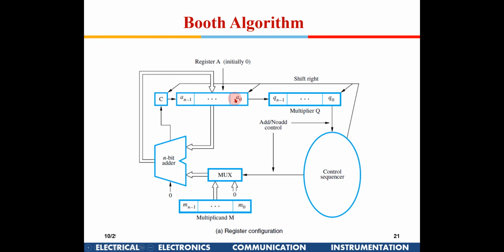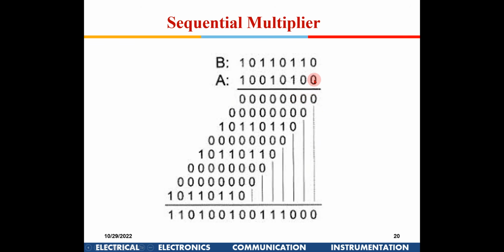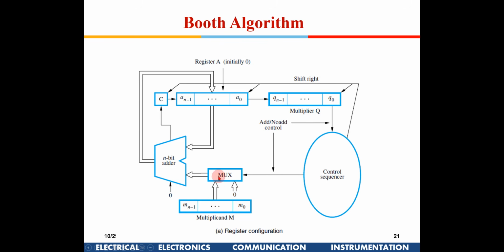So with every clock cycle, okay, we are doing a shift right operation. So slowly first we are seeing this, then we are going to see this, then we are going to check whether it is 0 or 1. If it is 0, we are going to add 0. If it is 1, we are going to add B. So that is what this does.